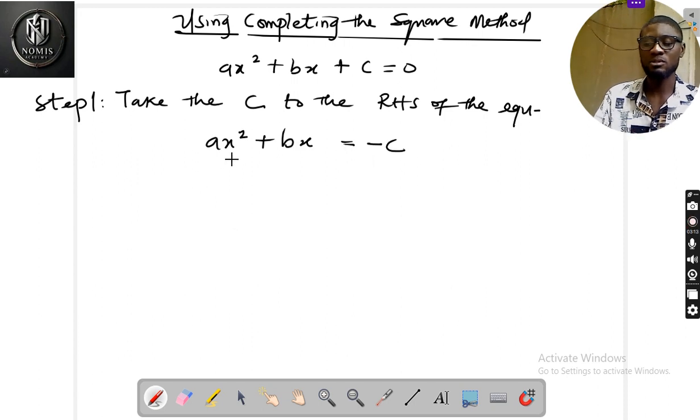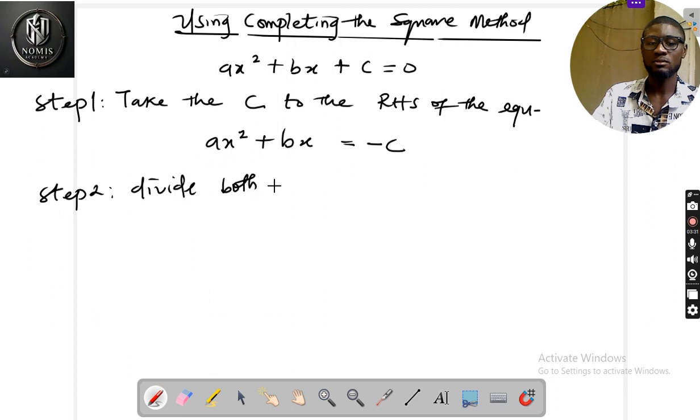Now that I've gotten here, divide both sides by the coefficient of x squared. So that's the second step. Let's write it down so that we note the steps and the process of completing the square method. Divide both sides by the coefficient of x squared.